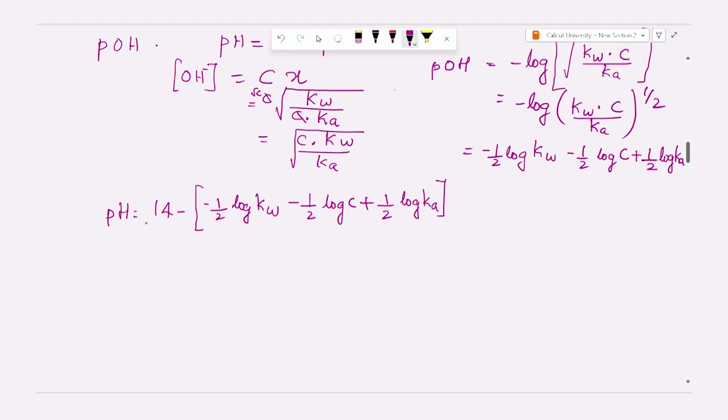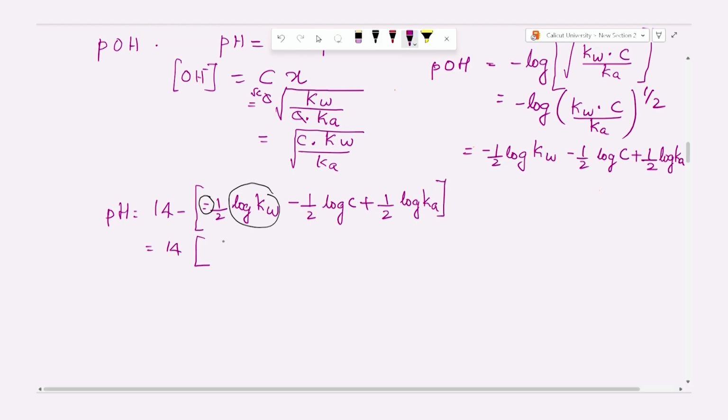Okay. Now, here this is 14 itself. I am taking minus of log Kw, which I am going to write as pKw.